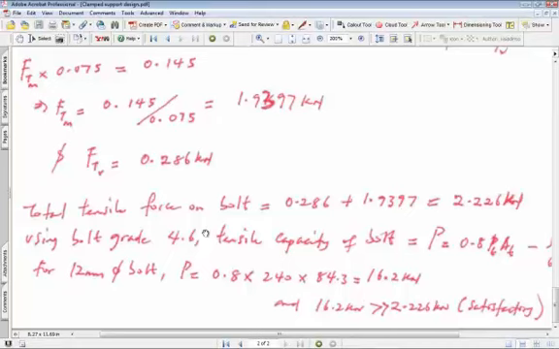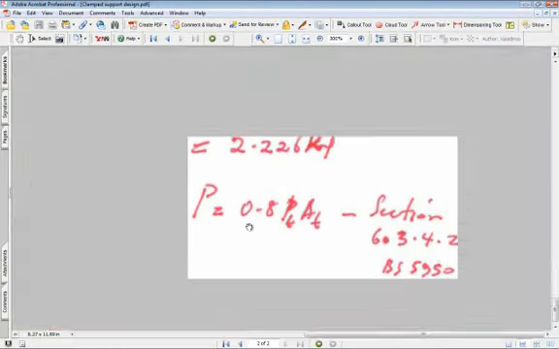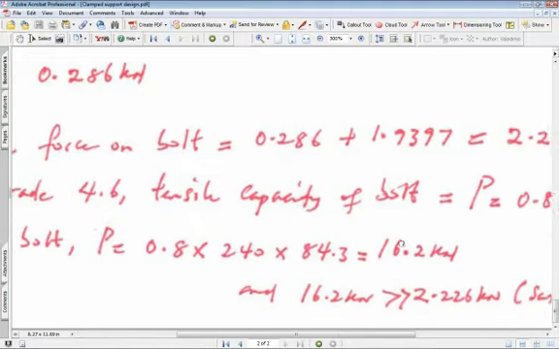In accordance with the British Standard Code of Practice for a grade 4.6 bolt, the tensile capacity was computed as 16.2 kilonewtons.